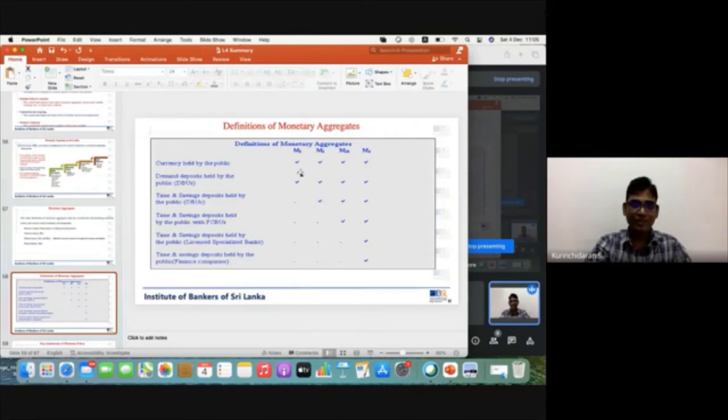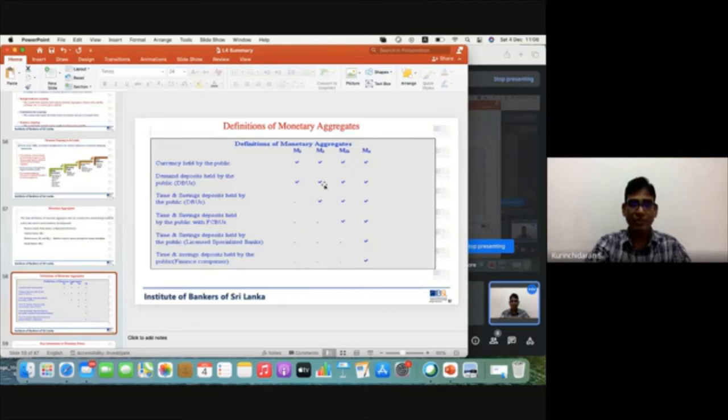M1 is currency held by the public and demand deposits held by the public. That's what we discussed, checkable deposits always. We call it M1, right? We sometimes use M0 also. M0 means currency held by the public, right? M0 and M1, these two.